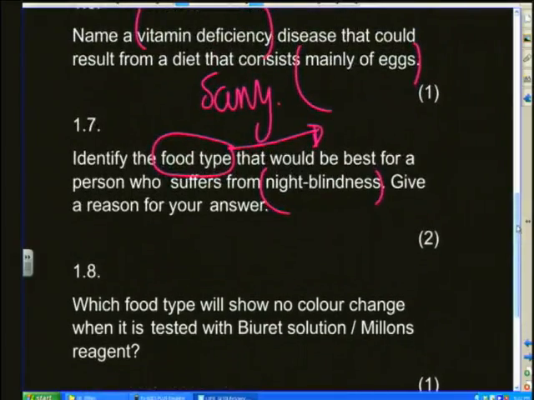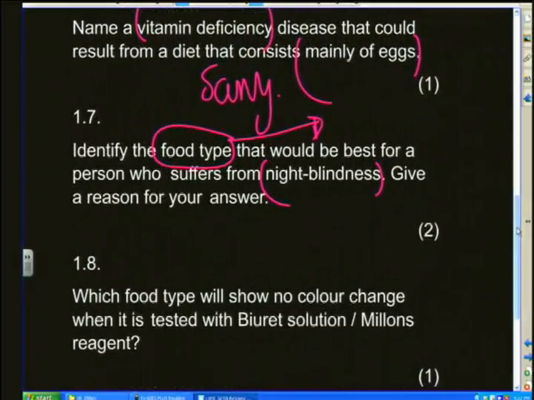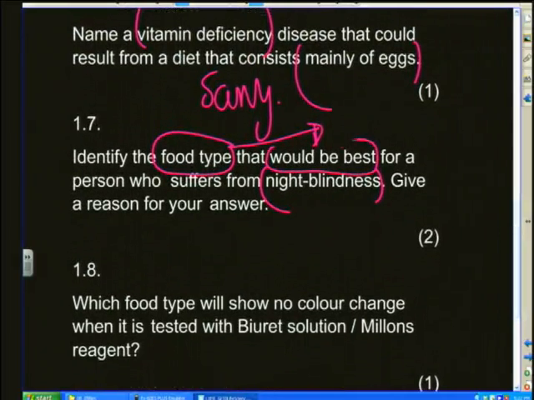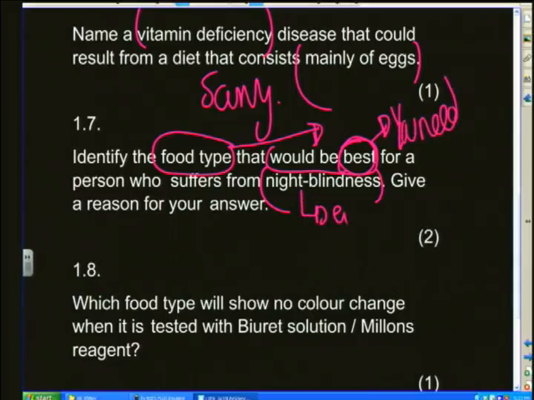It says identify the type that would be best. Best, that is what you need. Night blindness has to do with the eye, and when it comes to the eye, we need a food rich in vitamin A.